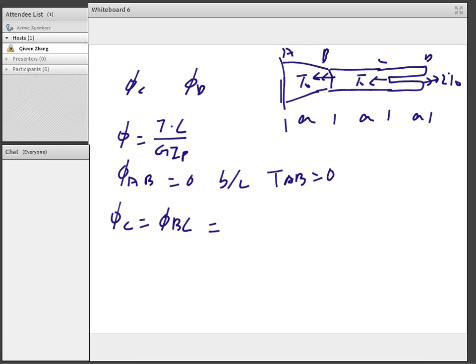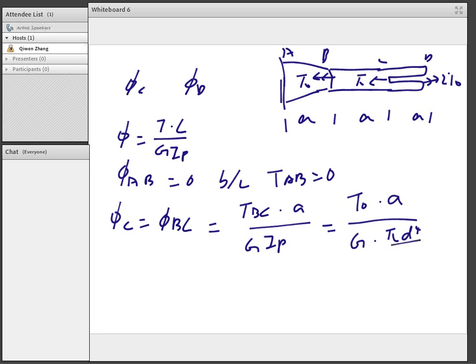Which is equal to TBC times a divided by G IP. TBC we calculated to be T0. IP we already got from the previous problem, which is pi d to the 4th over 2.